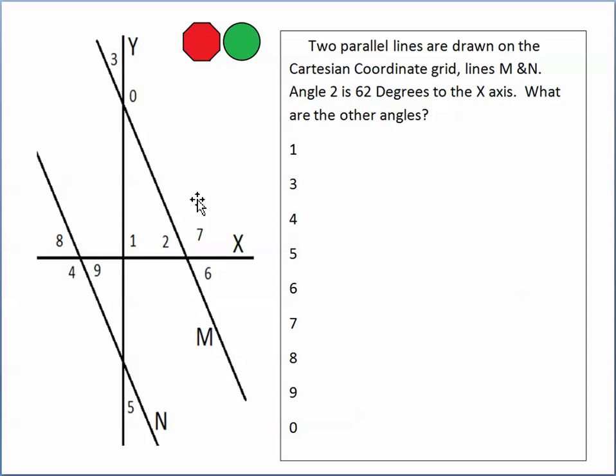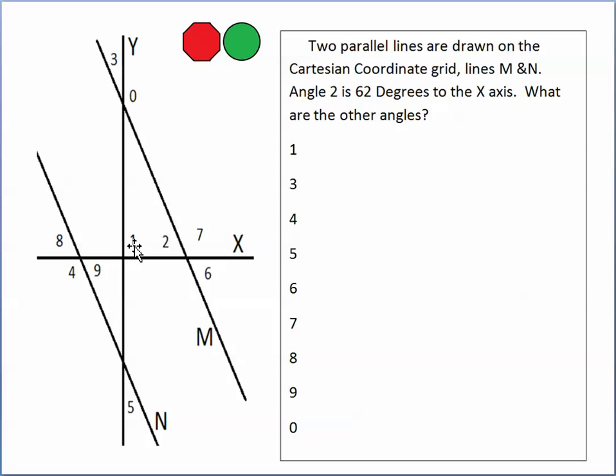Well, start plugging in the things that you know. If this is the x-axis and this is the y-axis, this certainly then is 90 degrees. This happens to be 90 degrees, that's 90 degrees, and that's 90 degrees, because x is always 90 degrees to y. So now you know that you have these other two lines and they're parallel to each other.